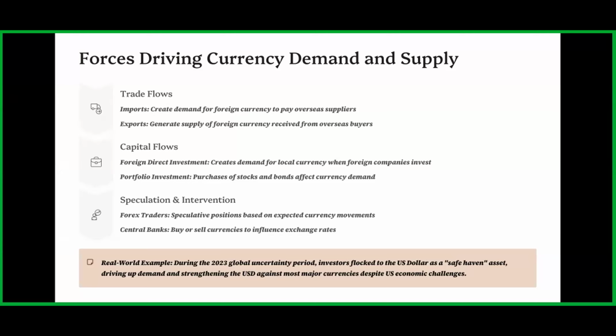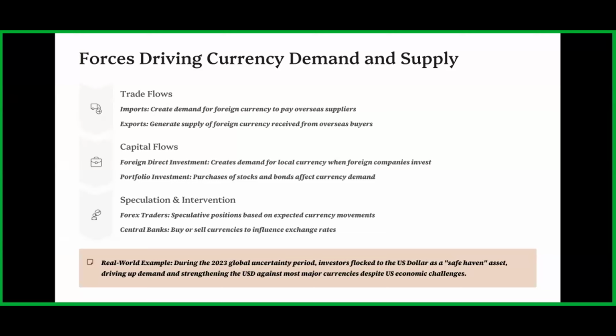That foreign direct investment creates the demand for the local currency when foreign companies invest. Whenever foreign multinational corporations invest in India, they bring dollars, but in India our currency is rupees, so no one accepts dollars in exchange for goods and services.